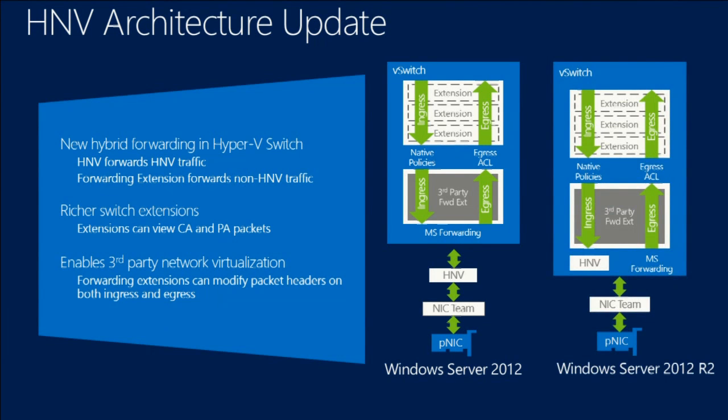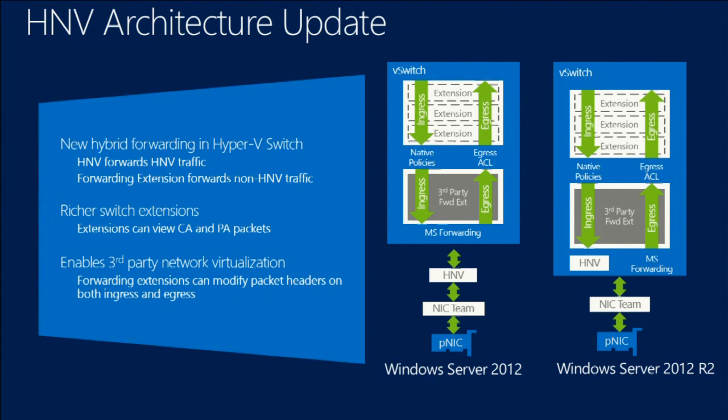With R2, we move this HMV as a part of this Hyper-V switch. With that change, we make it possible for the third-party extension here to see both the customer address and the provider address.